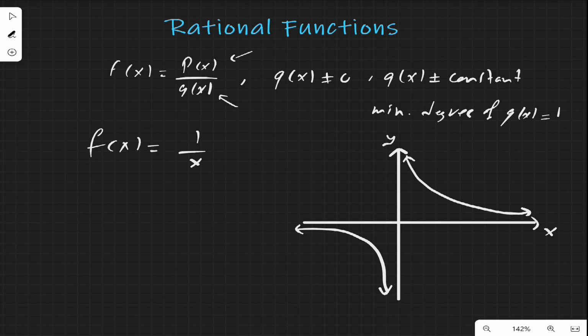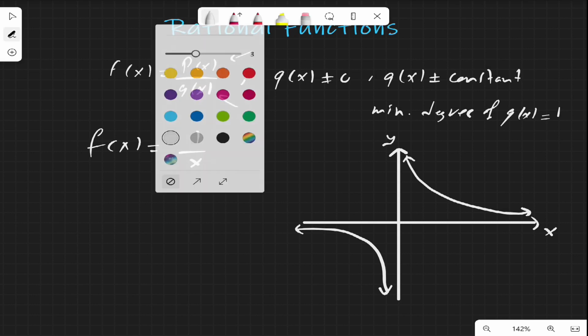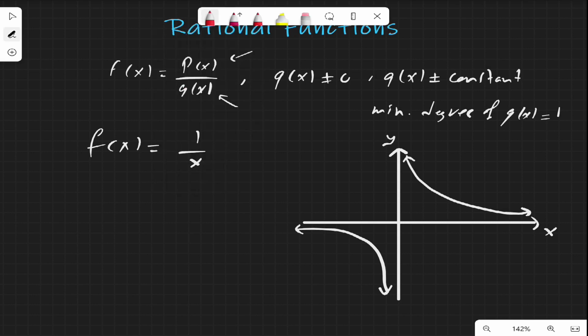The graph is continuous everywhere except at this point, which is the 0. So the domain is R minus 0, or can be written as from negative infinity to 0, union 0 to plus infinity.